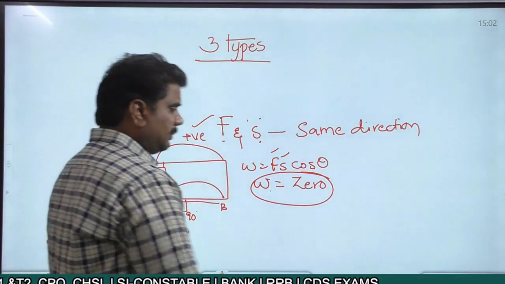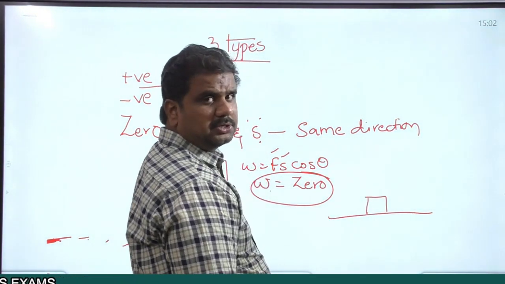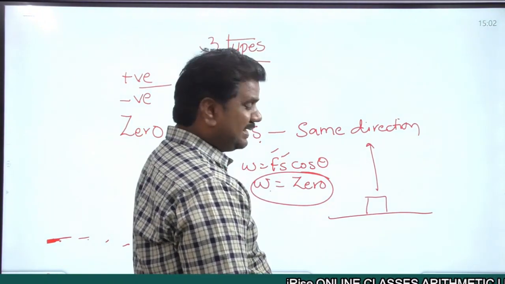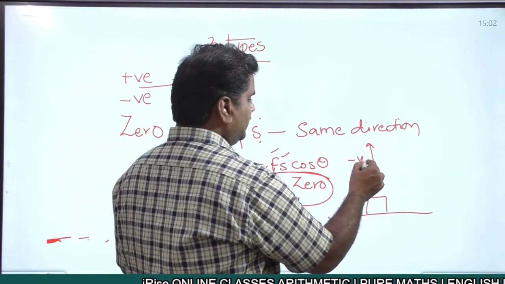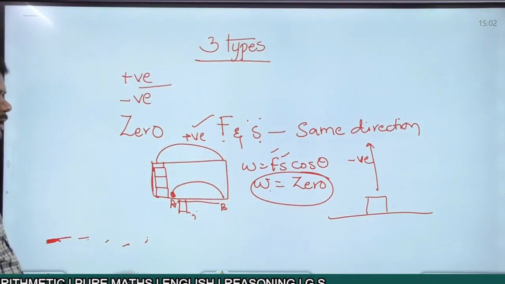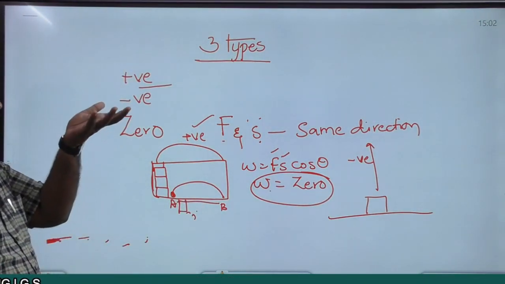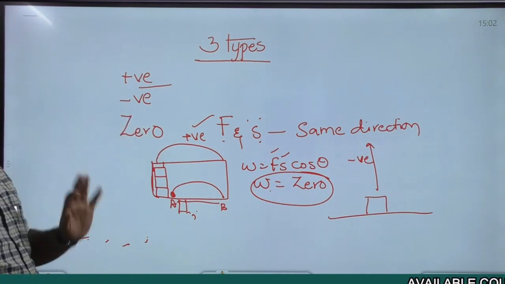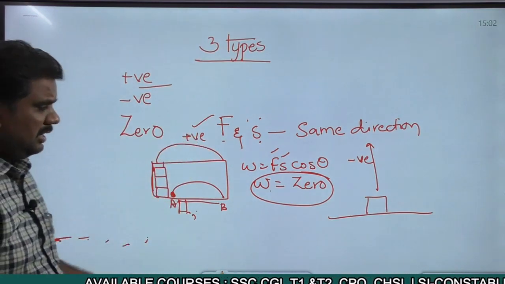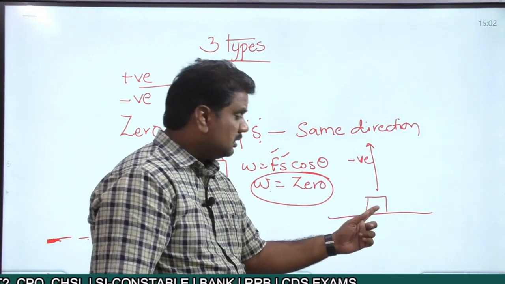At the same time, suppose that this is a surface. Now here I have an object here. When I lift this particular object against gravity, the work done is something equal to negative. So whenever you are doing certain amount of work, whenever you are lifting a certain amount of an object from the surface to air, the work done is negative in that particular case, because we are lifting the body against the gravity, as a result of which work done is negative here.